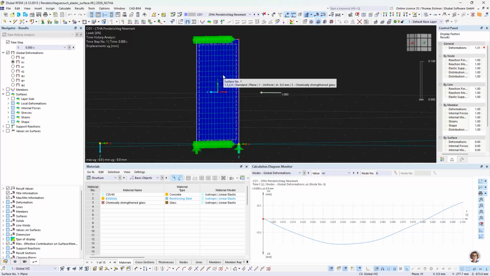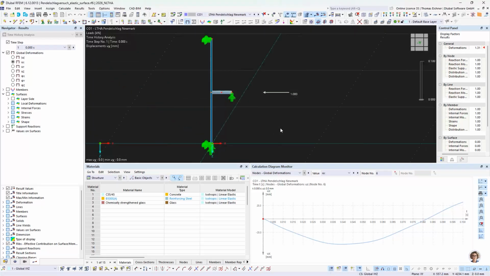It's just one surface, chemically strengthened glass, 8 millimeters of thickness. We have 1 meter height and 70 centimeter length, supported on top and the bottom with line supports.